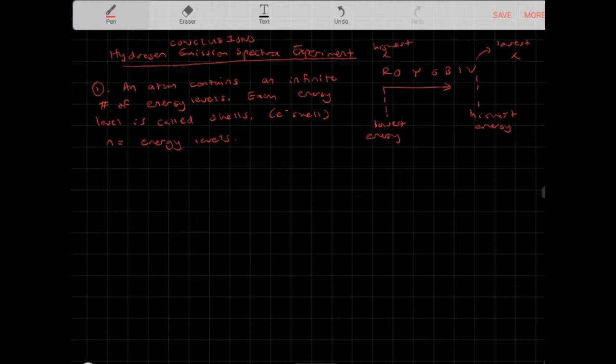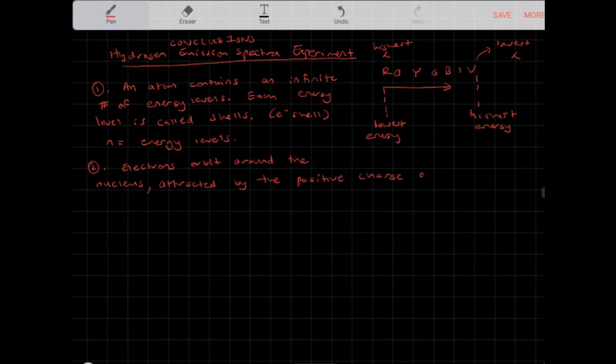And Bohr then stated that electrons orbit around the nucleus, and that they are attracted by the positive charge of protons, and that these orbits are called electron shells.